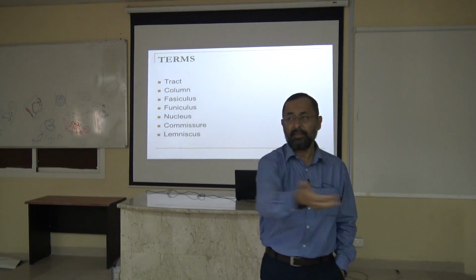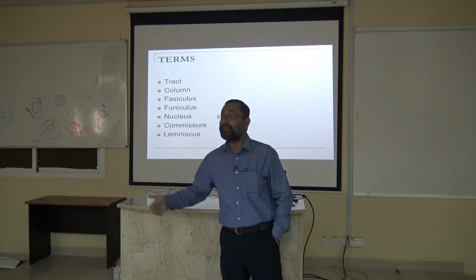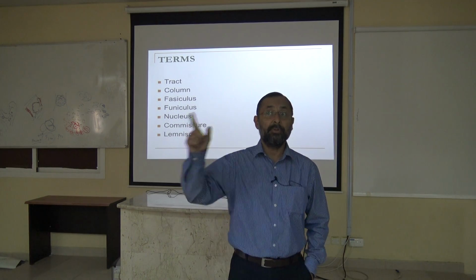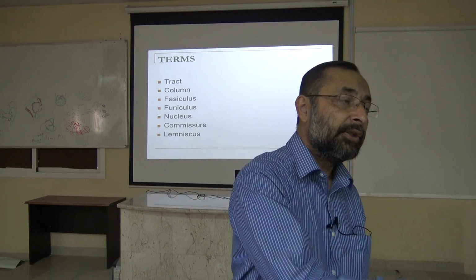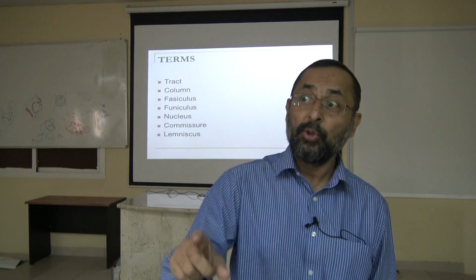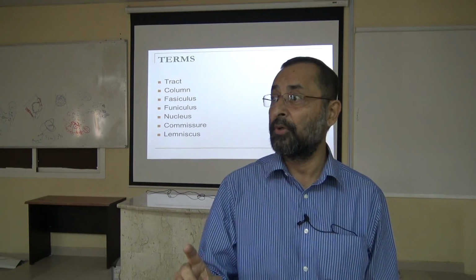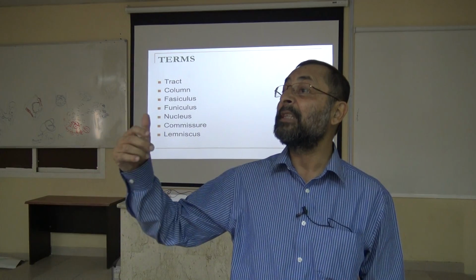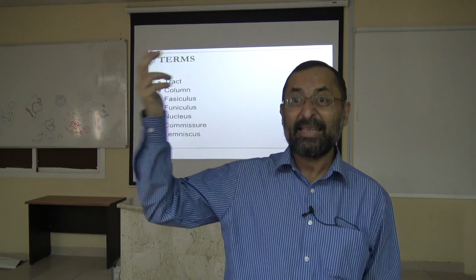You know that. There are different types of nuclei which we describe in the gray matter of the spinal cord. So the term nucleus is used for the gray matter. Nucleus in the spinal cord, yes or no? Yes. Nuclei in the brain also, yes or no? Definitely, we have seen many cranial nerve nuclei. We have seen basal nuclei or the basal ganglia.